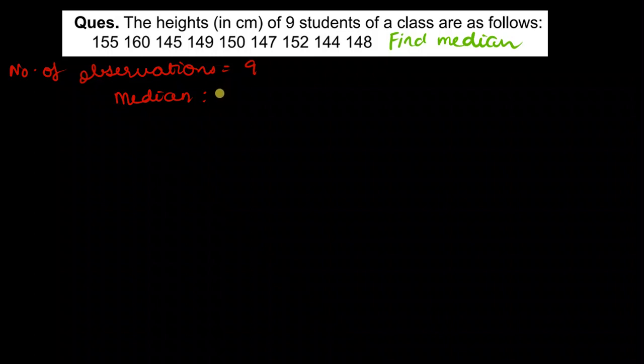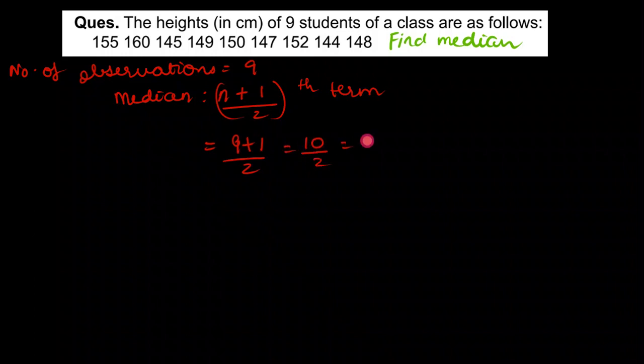If you have to find the median, you see that this is an odd number, so we will use the formula. Which formula? (n plus 1) by 2 th term. The th term means that particular term. So the number of observations is 9, plus 1 by 2, so this will be 10 by 2, which is the fifth observation or the fifth term.